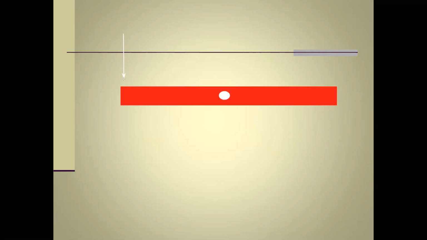And you're applying a force of 50 Newton from one side, and a force of 100 Newton from the other side.